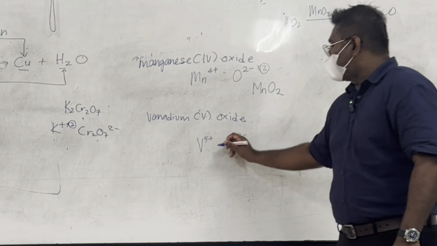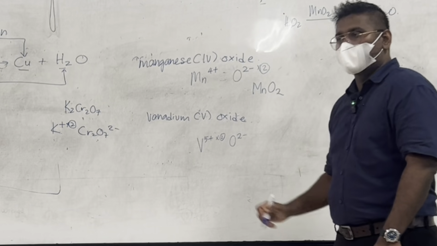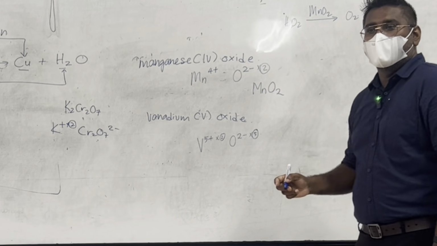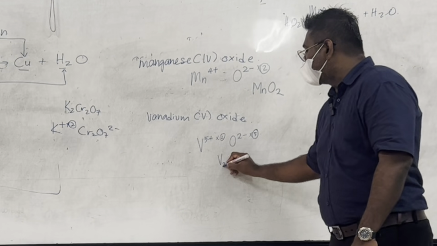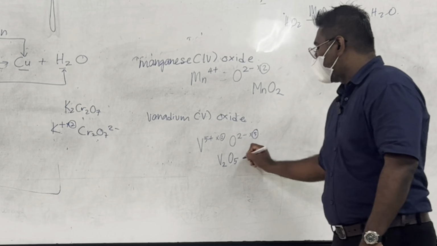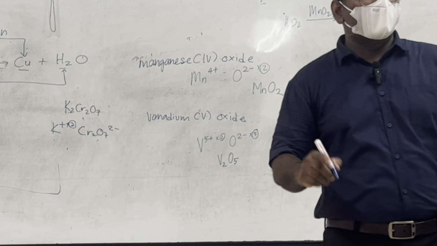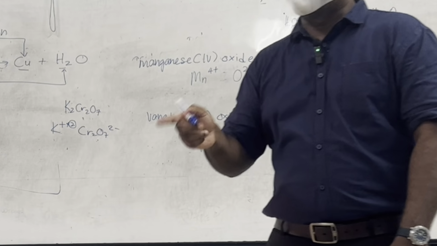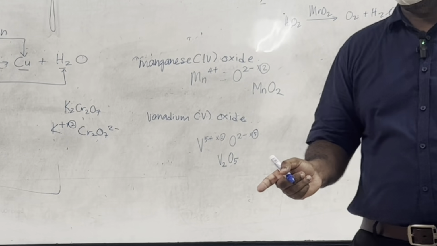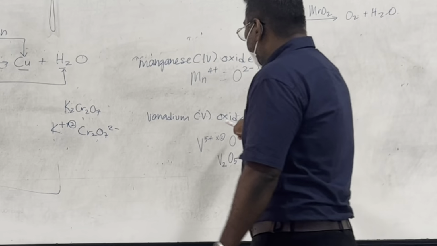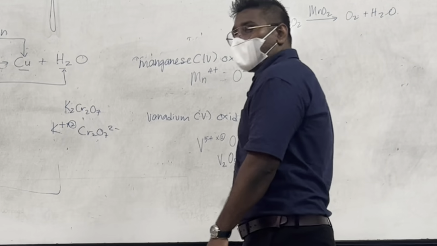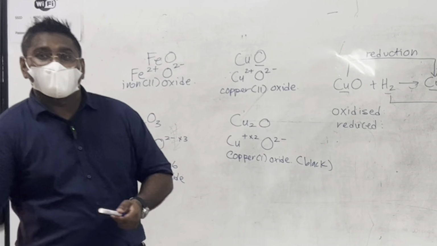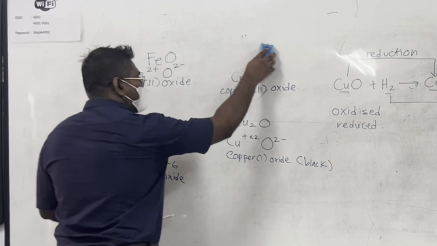So this one you multiply by 2, you get 10, this one you multiply by 5, you get 10. So you will have V2O5, the one I circled. V2O5 is actually vanadium pentaoxide, but we call it vanadium 5 oxide. So the name is going to help you to write the formula.